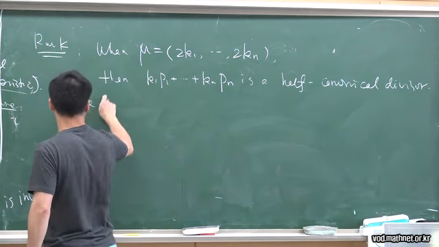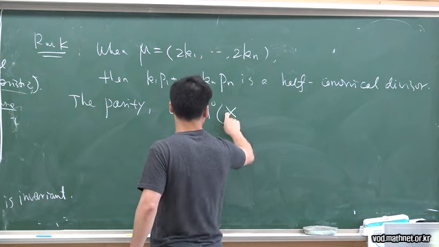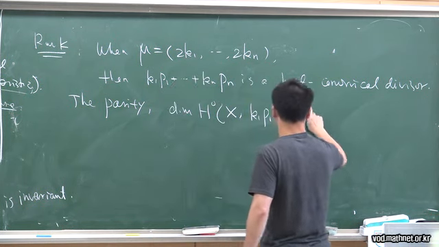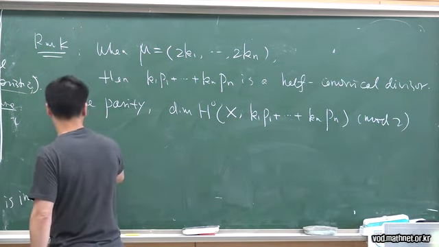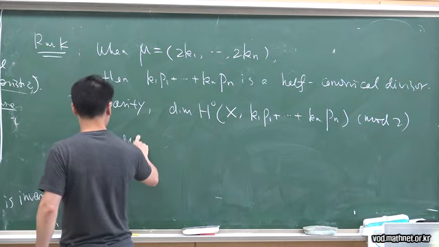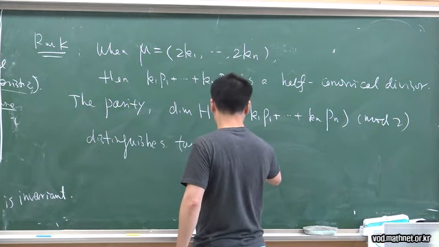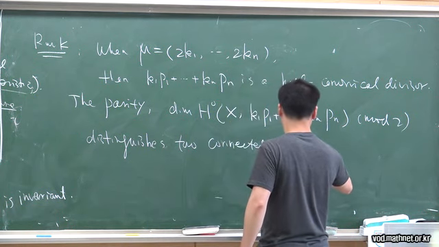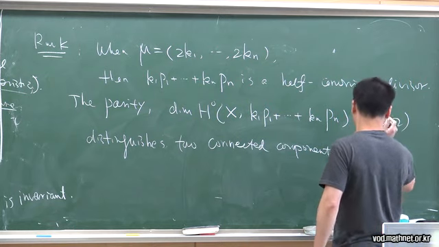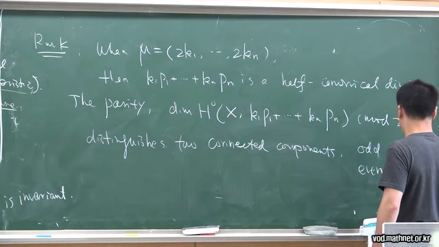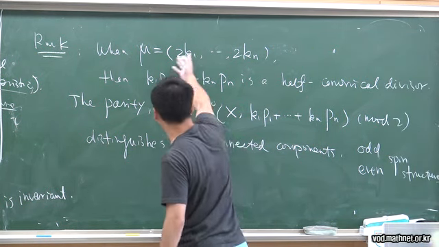So the parity, that is the dimension of the global section space mod 2, distinguishes two, in general possibly two, connected components, called odd and even spin structure.